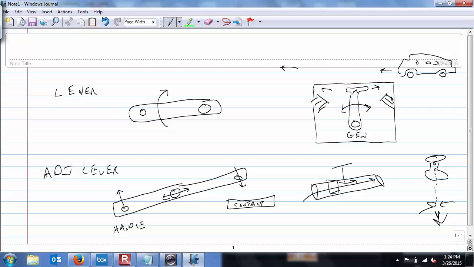And then the fourth one says push roller type.